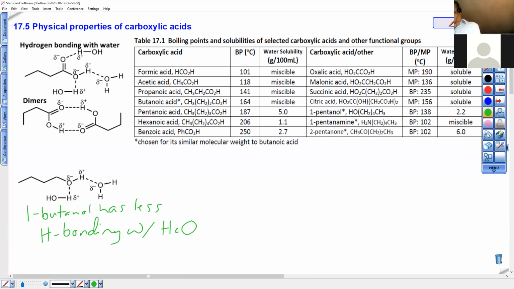And just since we're on a review kick right here, tert-butanol can't get as close to each other. The tails keep bumping into each other. So H2O can sneak in.